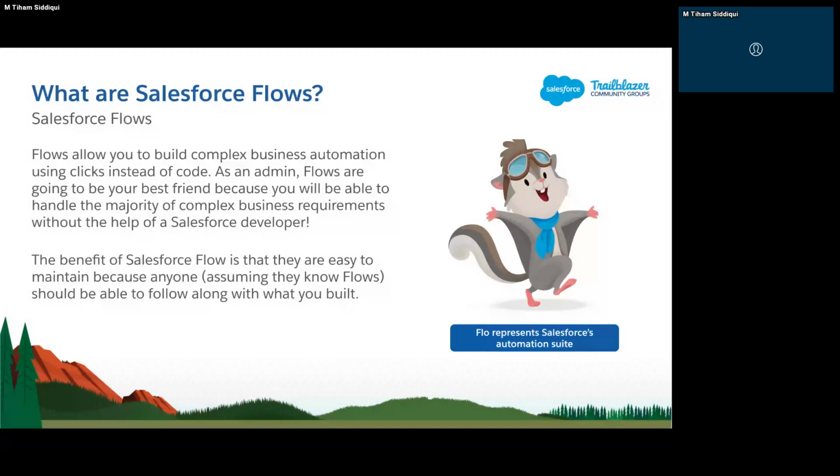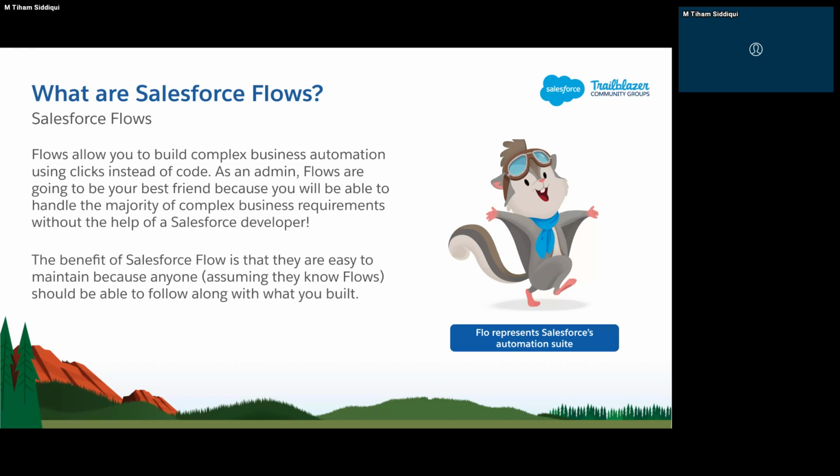So what are Salesforce flows? The basic understanding of these flows is that they will help you to build complex business logic and complex business automations without any code, using point and clicks.